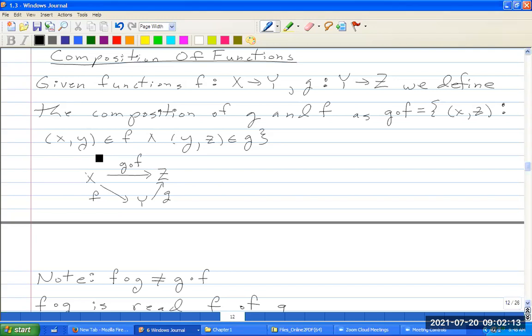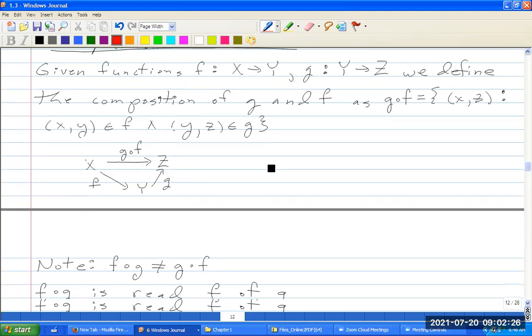This is actually called a commutative diagram. This diagram here, which helps you to understand what's going on, is called a commutative diagram. We saw these yesterday.